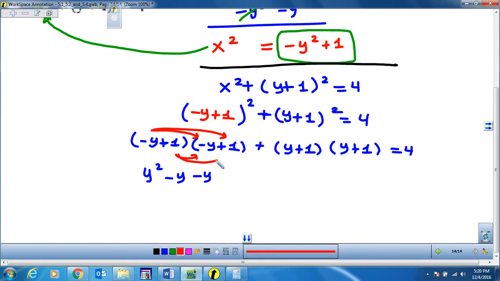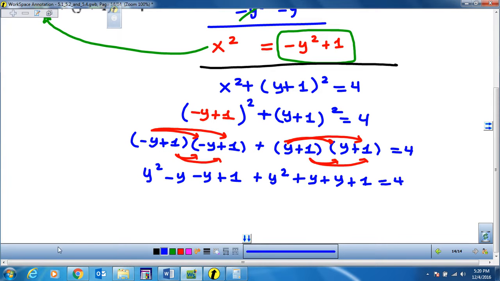And 1 times 1, it's 1. So that's the multiplication of this one. Now let's move on to this one. y times y, it's going to be y squared. y times 1, it's going to be y. 1 times y, it's just y. And then 1 times 1, just 1.